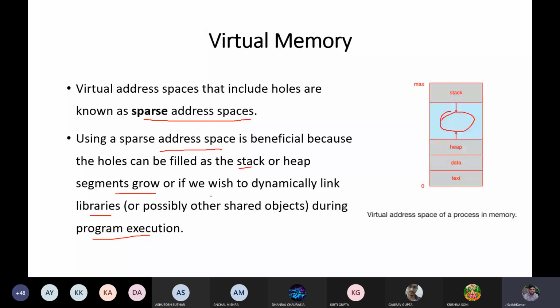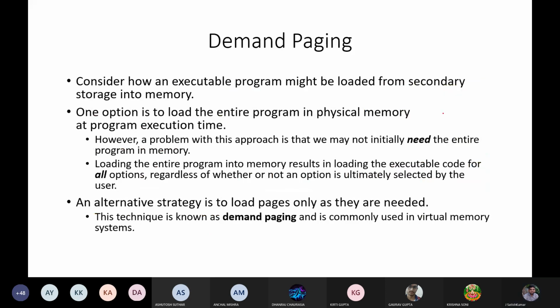If you are using a heap, it will grow from bottom to top. If it is the stack, it will grow from top to bottom. When you're executing a program, if your memory does not have sufficient space, then this virtual address space is used to execute your program. Still, your program will be executed.